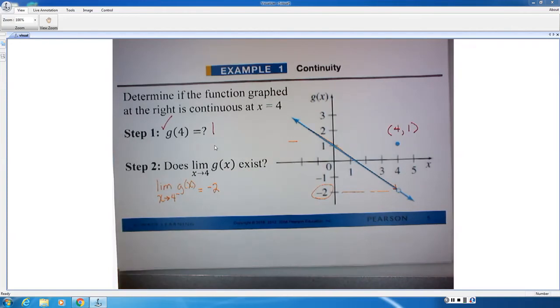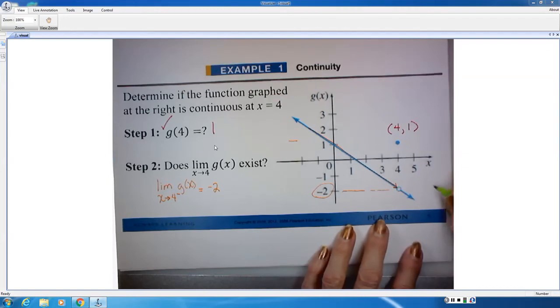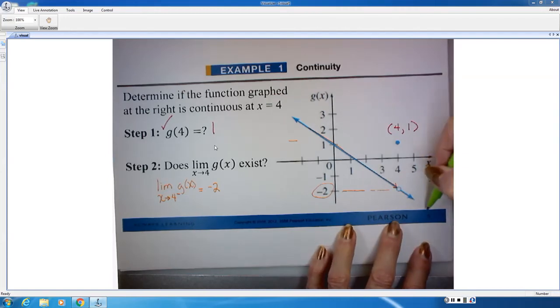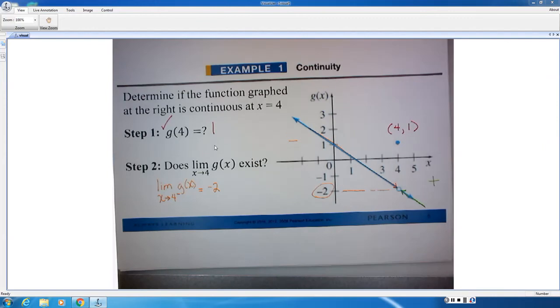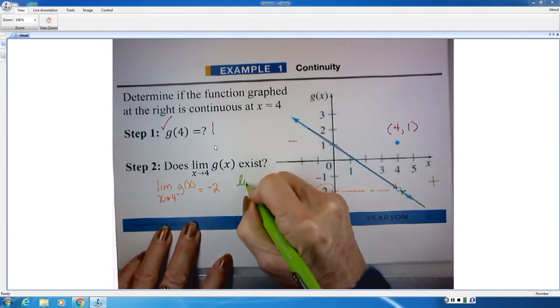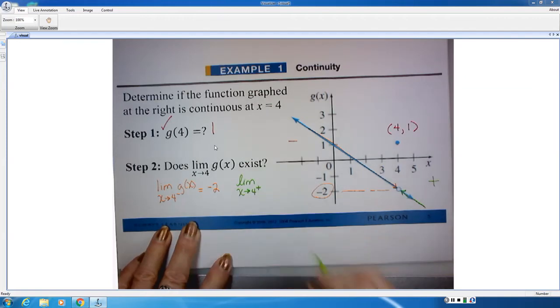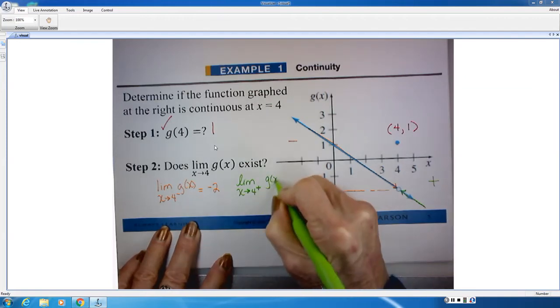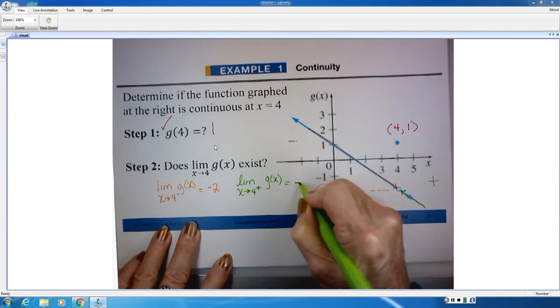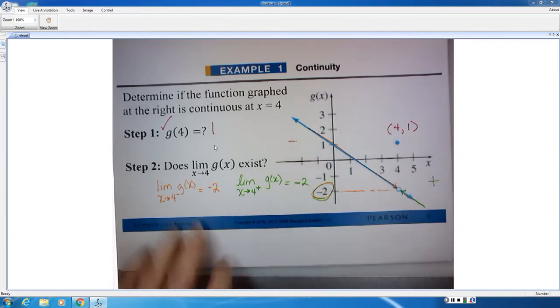Okay? So the left-hand limit exists. If I come at it from the positive side, then the limit as x approaches 4 from the positive side of g of x is also -2, because I'm approaching the same point, the point (4, -2).